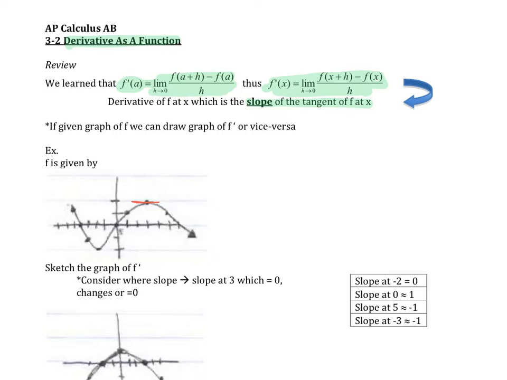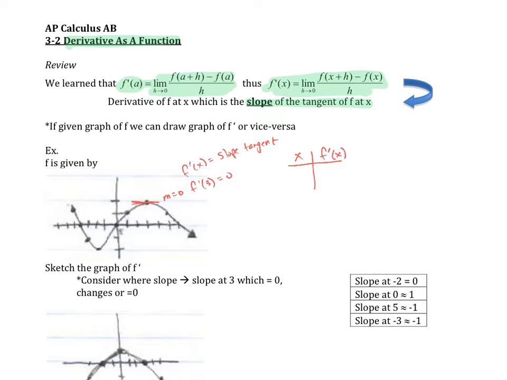So this is a horizontal tangent. So that means the slope is 0. That means f prime of 3 in this case is 0, right? Because we know f prime of x is the slope of the tangent, and I'm telling you that that slope is 0. So what I'm doing here is I'm graphing this point, x, and the f prime of x.